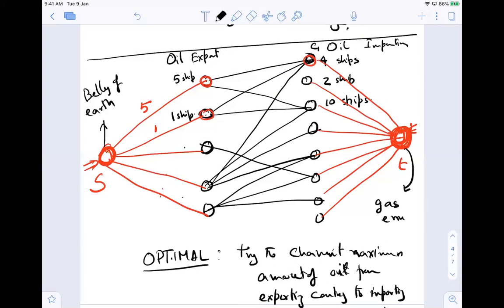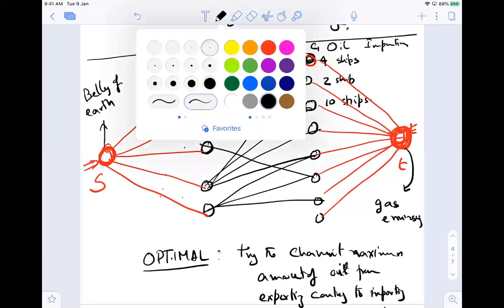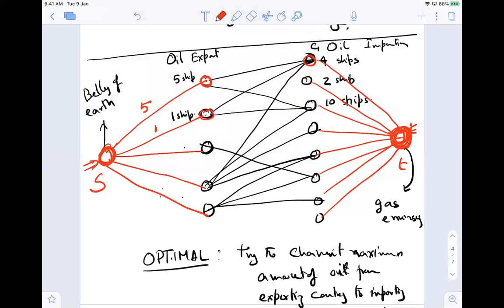Okay, and all I want is to ensure that the maximum amount of oil is going out of the belly of the earth and coming out of the gas emission. So this node is basically saying that this country can supply at most 5 units from the belly of the earth.